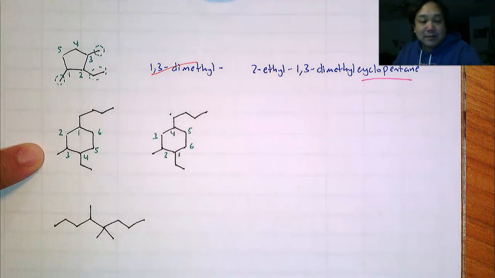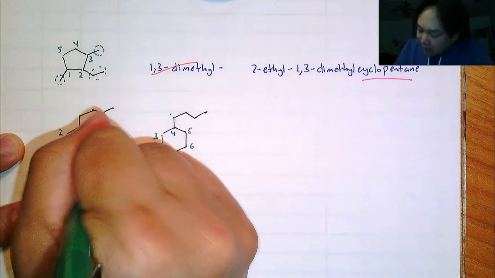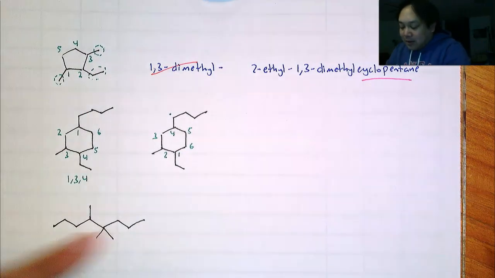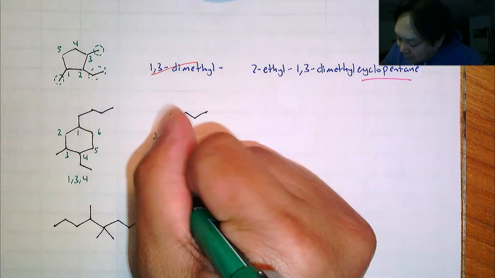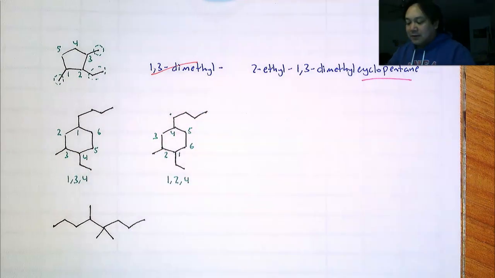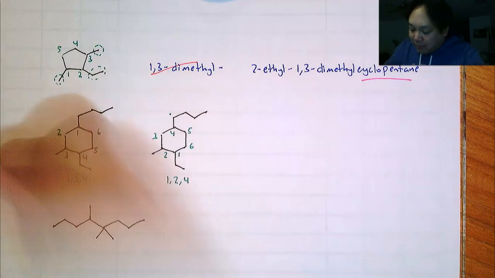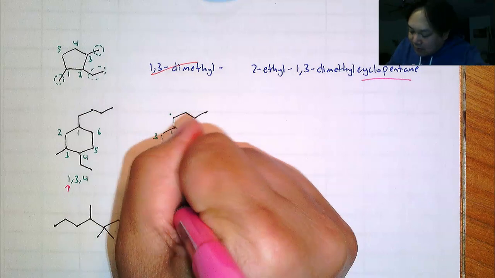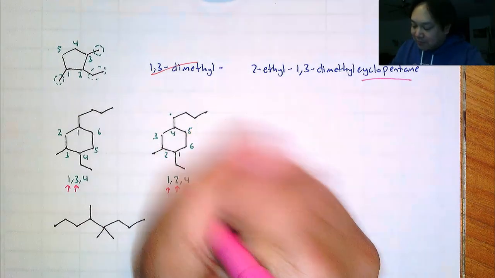This way, I got substituents on 1, 3, and 4. On this numbering system, we get 1, 2, and 4. So far this is the winner. How do I know that? You compare the first substituent. It's a tie. You compare the second: 2 beats 3.